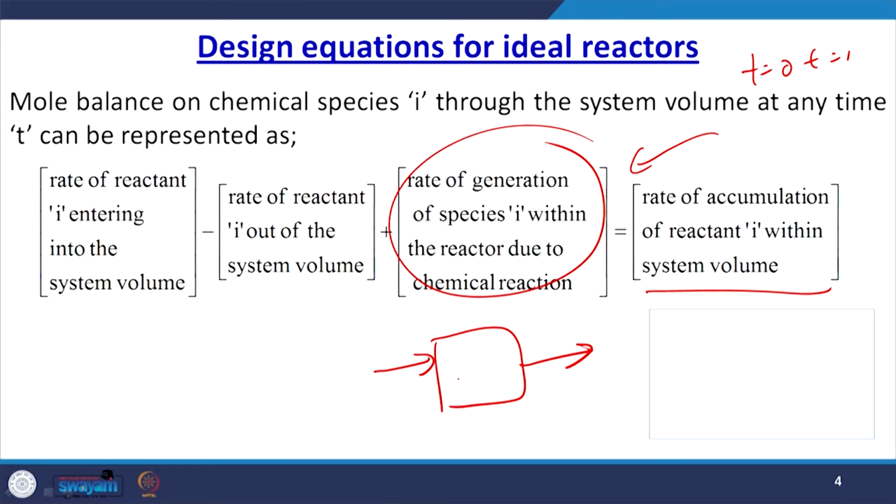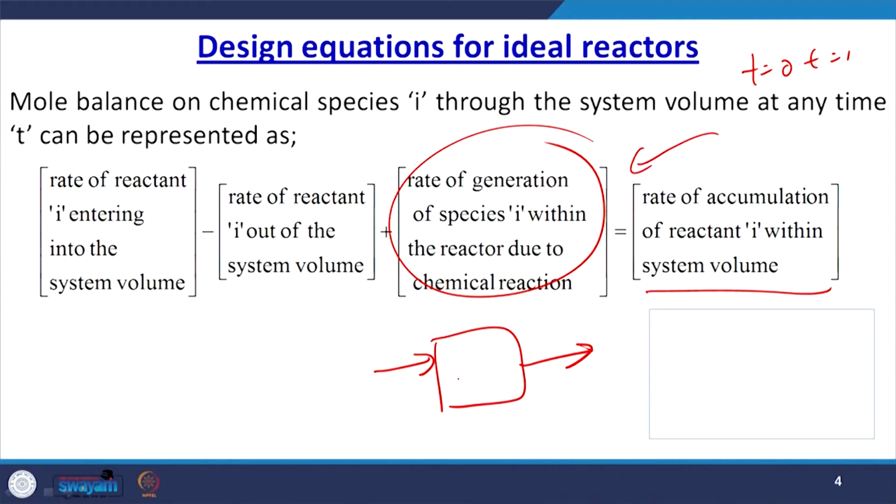Now if we put this entire scheme mathematically, we can write the mole balance of the chemical species like this: Fi0 minus Fi, plus Gi, the rate of generation of species I within the reactor due to the chemical reaction, is equal to dNi upon dt.